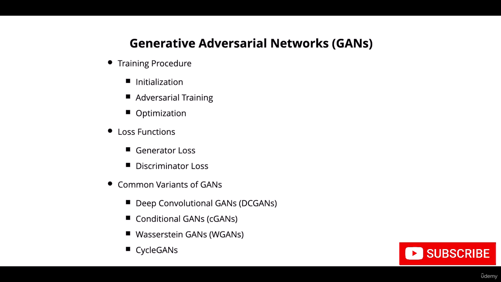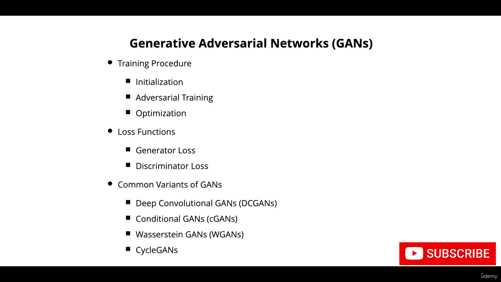Next topic is about common variants of GANs. There are four of them. One is the deep convolutional GANs, which is DCGANs. GANs with convolutional neural networks in generator and discriminator, commonly used for image generation tasks. Next one is conditional GANs or CGANs. GANs conditioned on additional information such as class labels to generate samples with specific attributes.